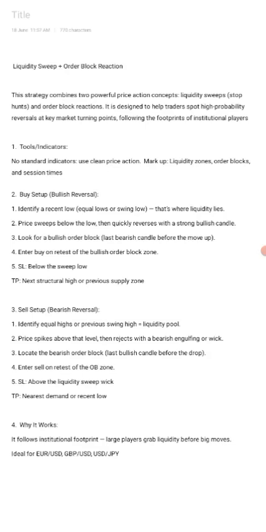Then the price spikes above the level, then reacts with a bearish engulfing or a weak candle engulfing. Then you have to locate the bearish order block, and enter your sell on the retest of it. You need to wait for the retest. Now let's go practical.